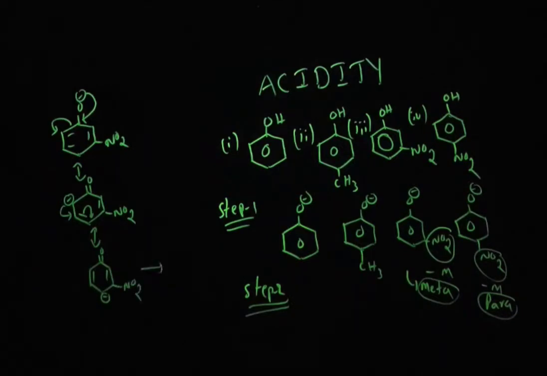One more resonance structure will go like this, giving negative charge and double bond O. It undergoes resonance again and we get O minus, something like this, and here is NO2.